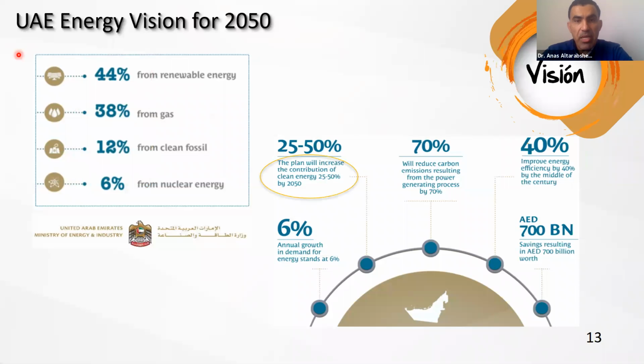Now, the plan will increase the contribution of clean energy up to 50% by 2050. It will reduce the carbon emissions by 70% and improve the energy efficiency by 40%. And it will increase the savings by 700 billion. This is assuming that the annual demand growth is about 6%.